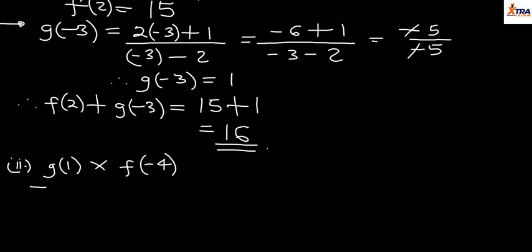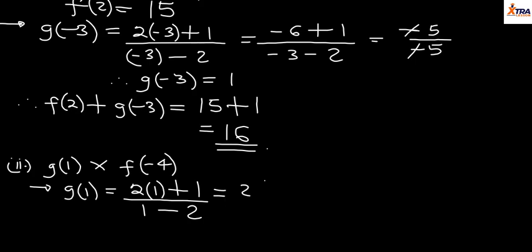So for g of 1, this just becomes 2 times 1 plus 1 all over 1 minus 2. Simplifying this, I get 2 plus 1 over minus 1, giving me minus 3. So I've gotten my g of 1.